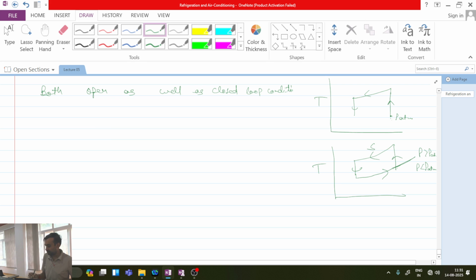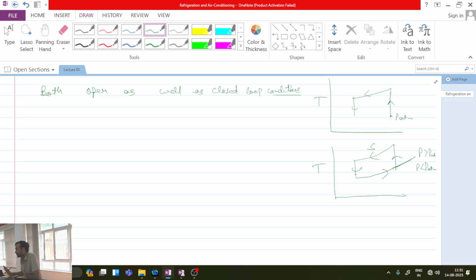So this is one feature, and when I say that it can operate in both open and closed conditions, of course closed conditions we have already seen, but if I talk about open conditions, it can operate in open conditions both for high pressure heat exchanger or low pressure heat exchanger.